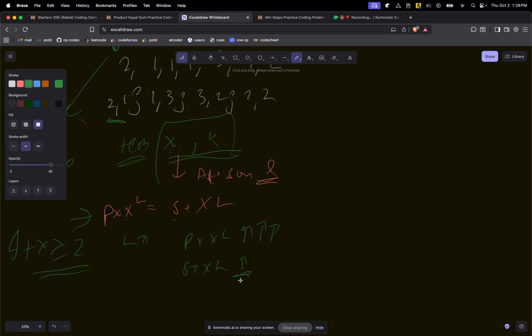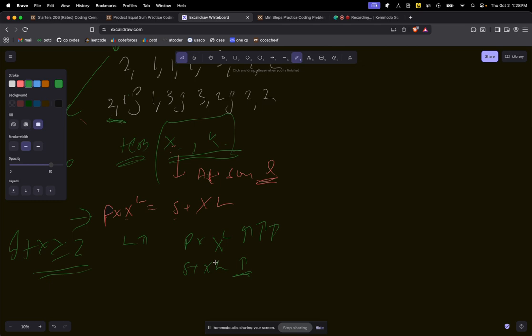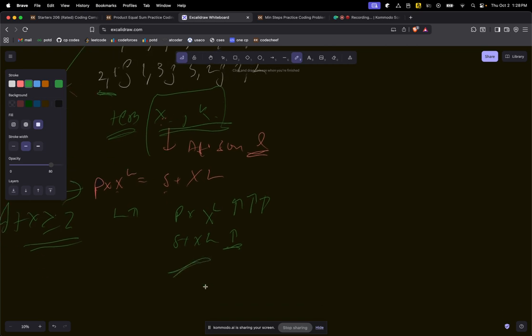So if the value is not 1, you cannot catch up. So I know that my product doesn't actually have to be equal. P into x^L would increase very, very large. So what I can say is, let's say I can do a binary search.